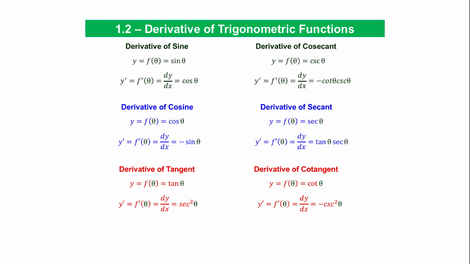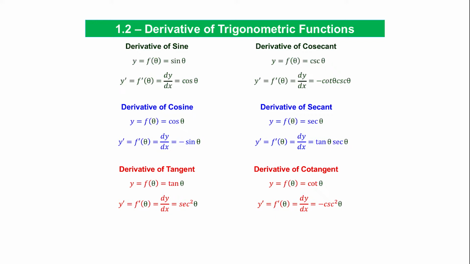For cosine, if the function is given as y equals cos theta, then the derivative will be y prime equal to dy/dx equal to minus sine theta. Then for tangent, if the function is given as tan theta, then the derivative will be dy/dx equal to sec square theta.